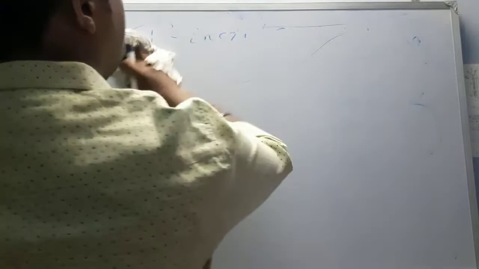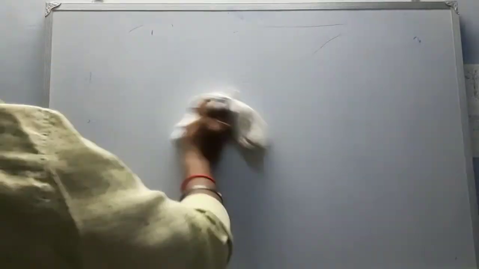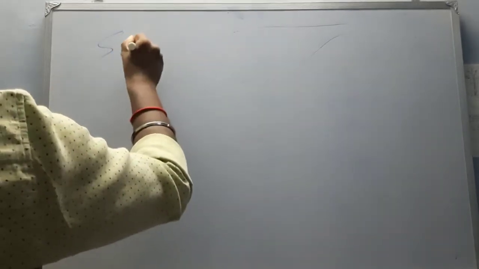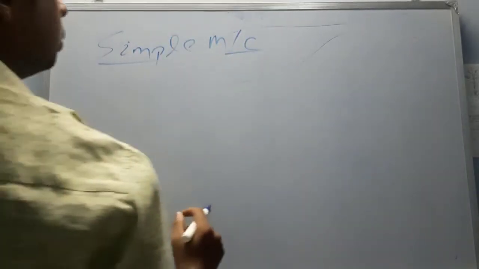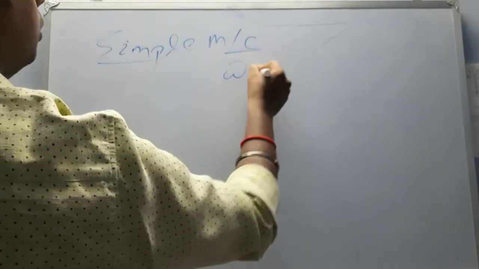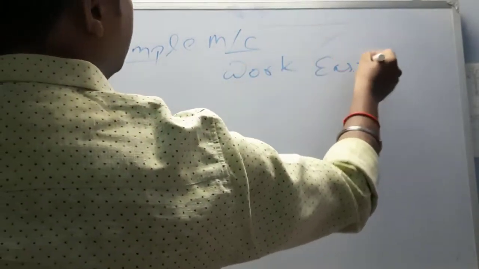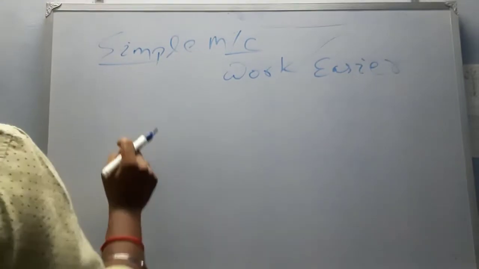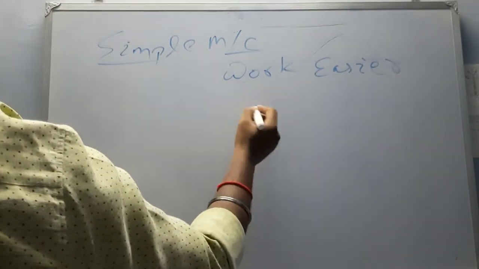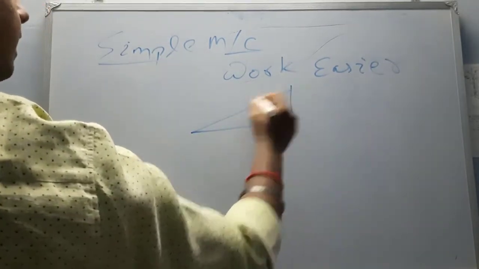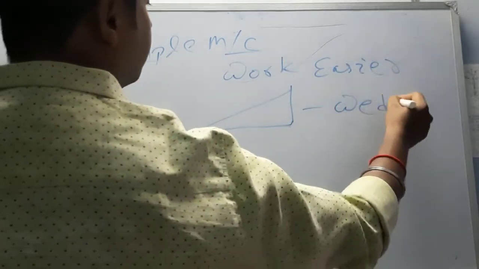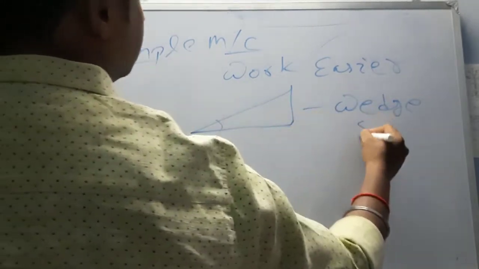Simple machine is a type of device which helps us to do the work easier. Let us take one example of a simple machine, a bed shape, that is, a slope. A slope is a shape which has an angle.